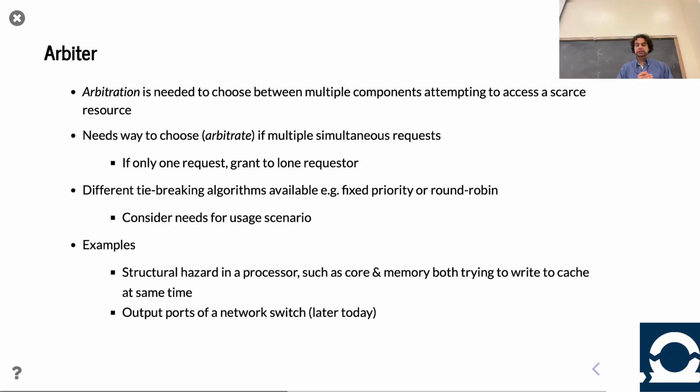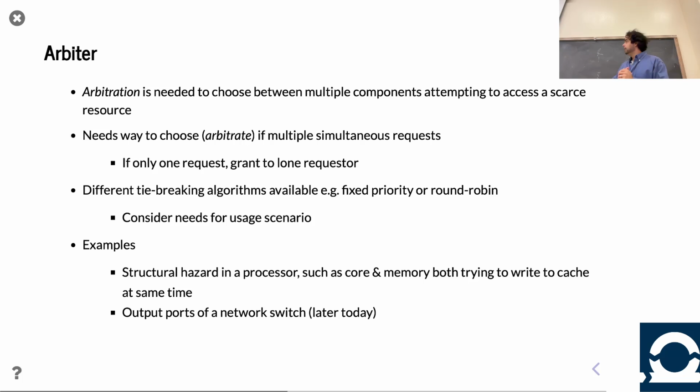Arbitration is a situation where you need to choose who gets access. You have some sort of scarce resource. It could be one thing, it could be multiple things, but somehow you have more consumers than you have providers. Thus, you need some way to decide who gets access to that resource, and the word for that, of course, is arbitrate. If you have multiple simultaneous requests, say you could have two people requesting something, but at this particular moment there's only one requester, great, give it to the lone requester.